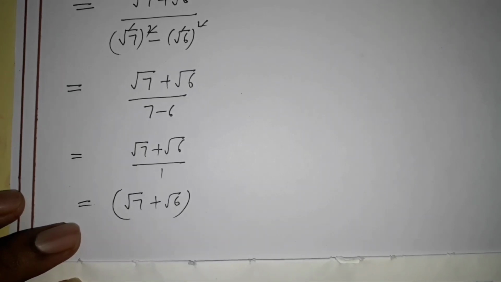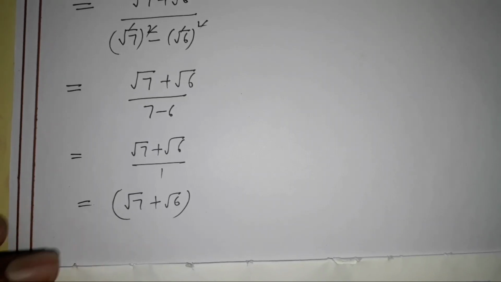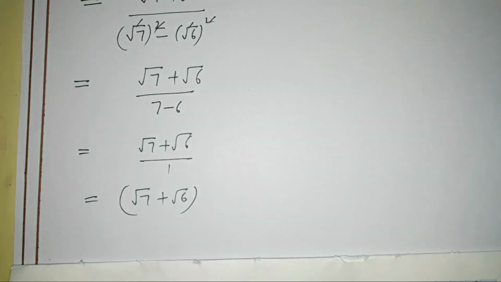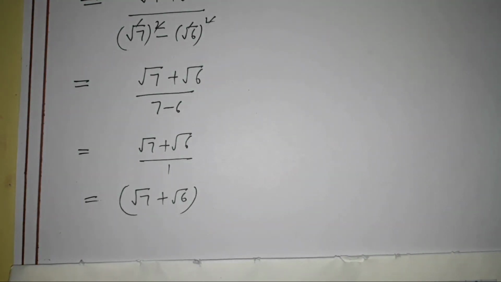See, the denominator is 1. It is rationalized. The roots are eliminated. So in this way, we can do rationalization problems. Children, by using all these concepts and the examples I told you, you can do the problems in your textbook.